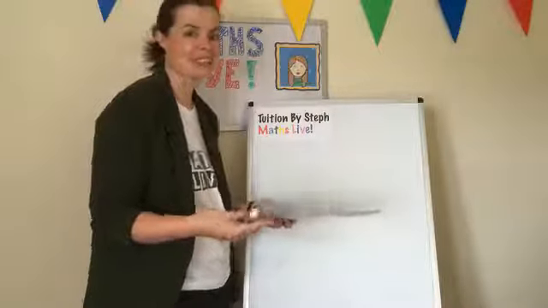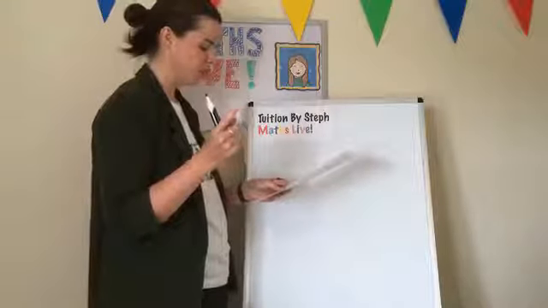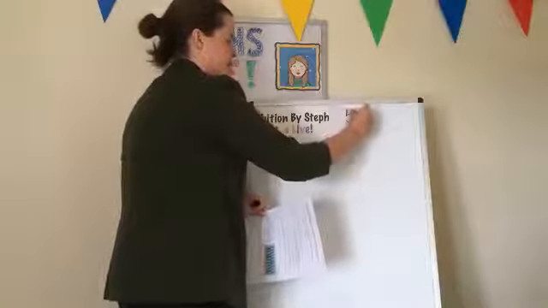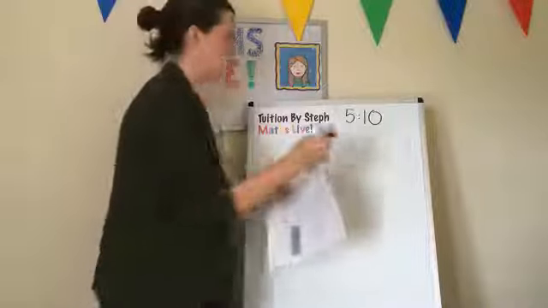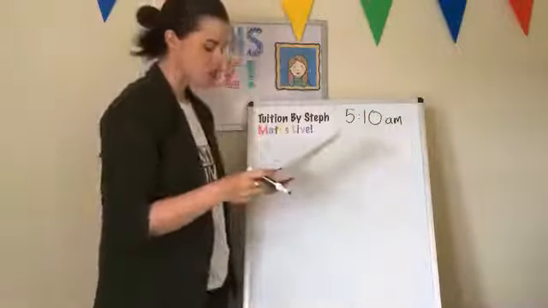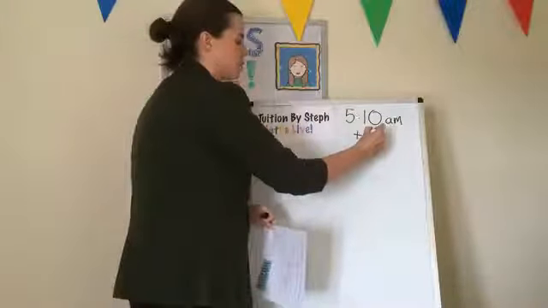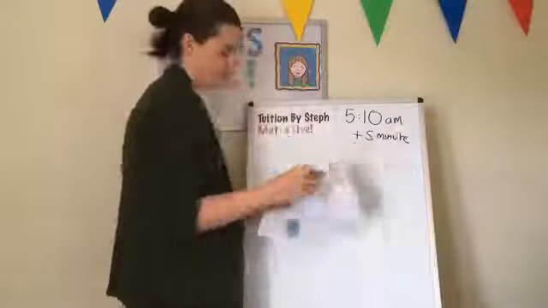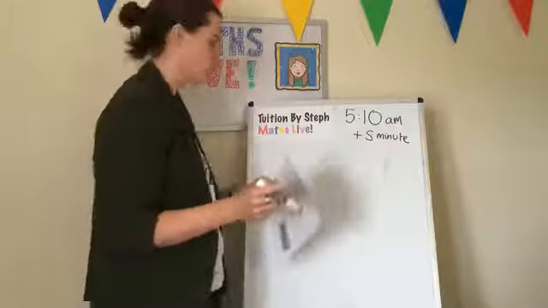If the first bottle fell at 10 past 5 in the morning and the others fell down at 5-minute intervals, you see how I'm making notes? What time would the last bottle fall?